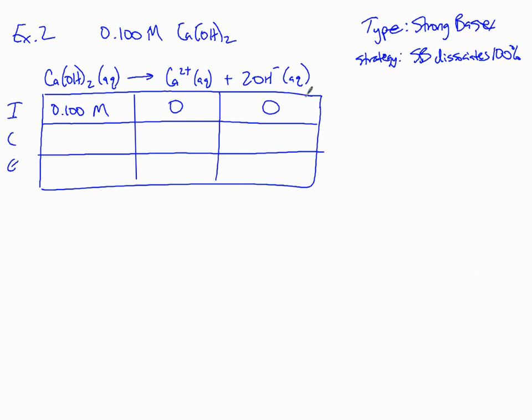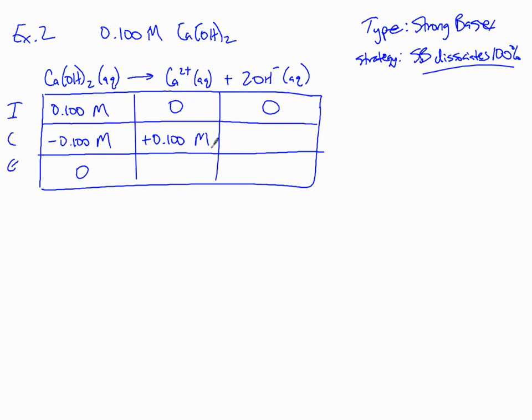The change is minus, it's going to dissociate 100%. Which means there's none of it left at the end. No calcium hydroxide as a single unit, but it is going to be ions. So these have a 1-to-1 ratio, which means if we dissolve 0.1 molar of that, we get 0.1 molar of the calcium.